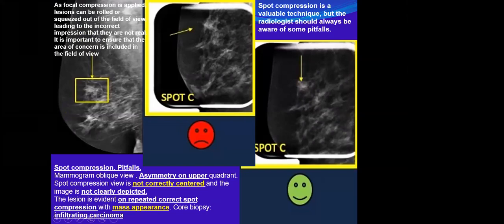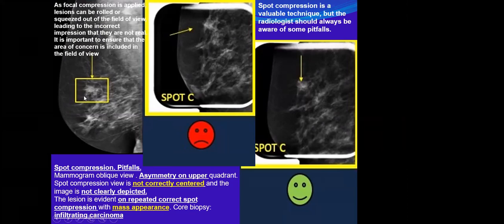In this example, there is an asymmetry here. This is the spot compression, but the asymmetry was not at the center of the compression, but at the periphery. You see? It seems as if it is in the standard view.